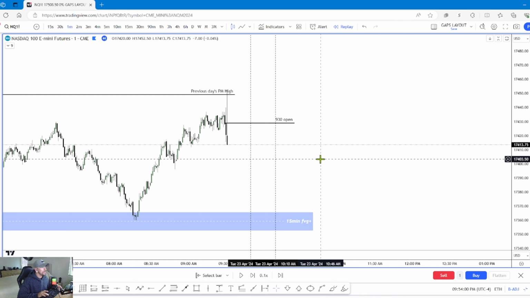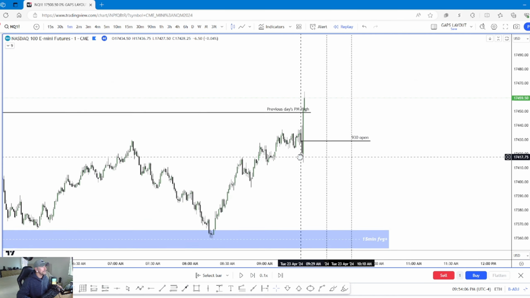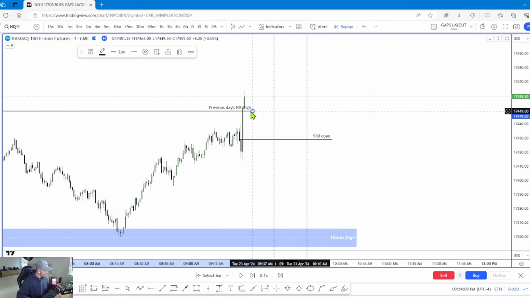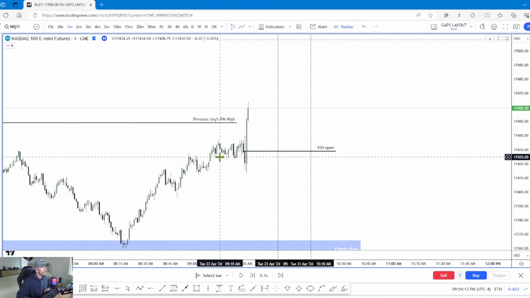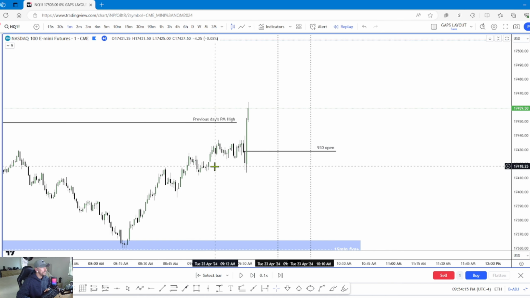So we have our Judas swing lower, take out the PM session's high. Now we're starting to aggressively trade higher here. So price has an unwillingness to take out any of this liquidity.